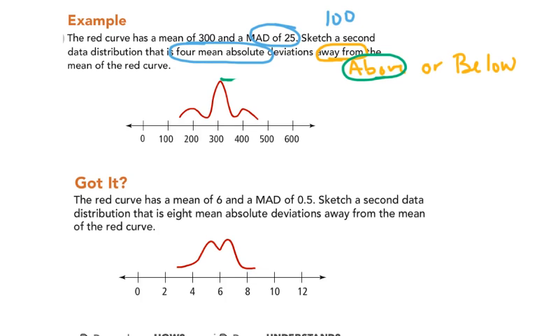So I'm going to take that peak there and slide it over 100 units. So that would be about right there. And then I'm just going to copy what that shape looks like. So I'm going to take this point here, which is at about 150, and slide it over to 250.